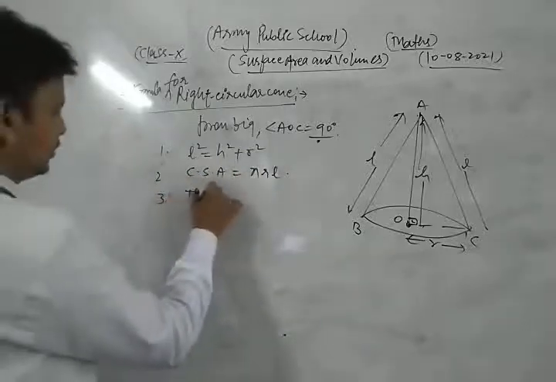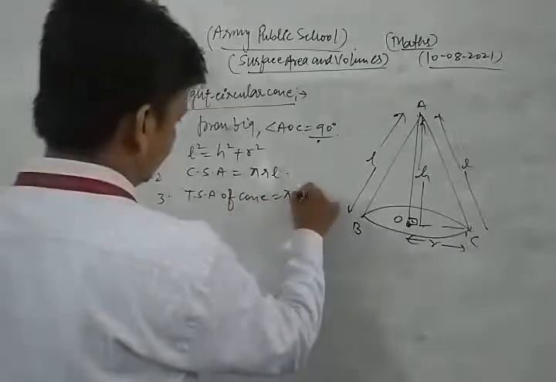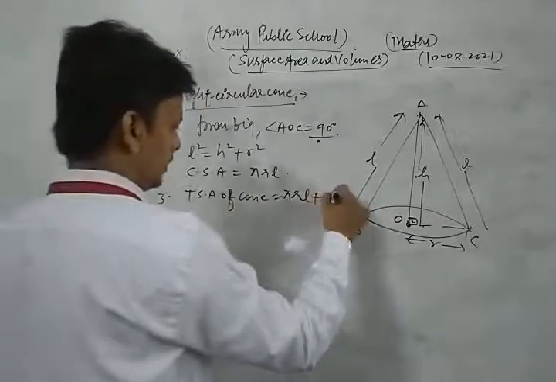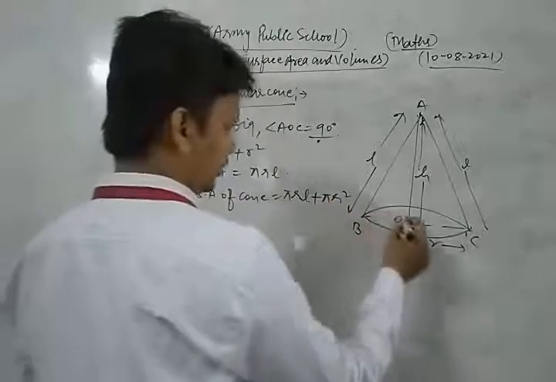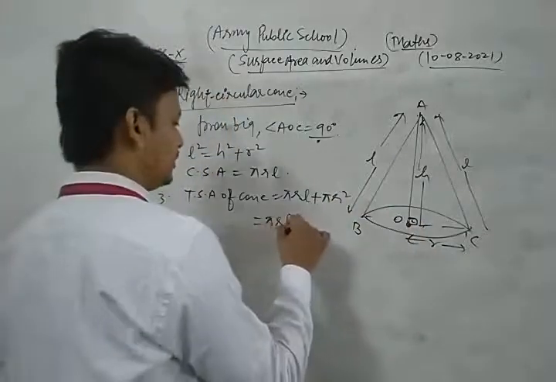Third one is total surface area. Total surface area of cone is curved surface area plus area of base, that is pi R square. Because the base of the cone is circular, we take pi R as common, so we get pi R (L plus R).